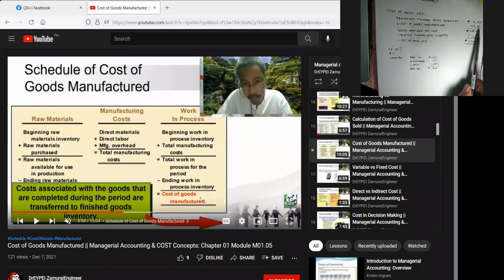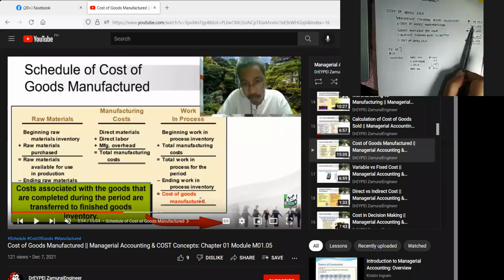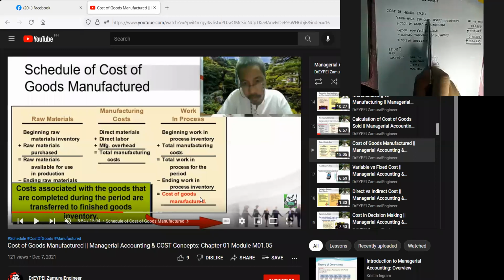After you computed it, you have to add this amount to the beginning finished goods inventory. Cost of goods manufactured, meaning the goods is now finished product. That's why you have to add it to the inventory of all the finished goods, because they are all available for sale.